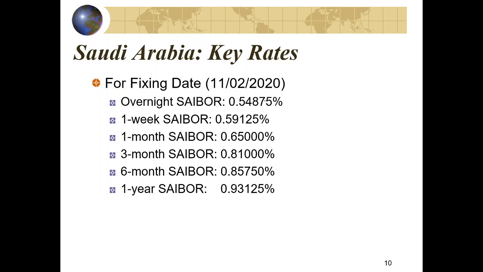So you can see here the overnight rate is 0.458. The 1 week SIBOR is 0.591, and you can see as the maturity increases, the SIBOR rate also increases, which is all what is expected in a normal market.